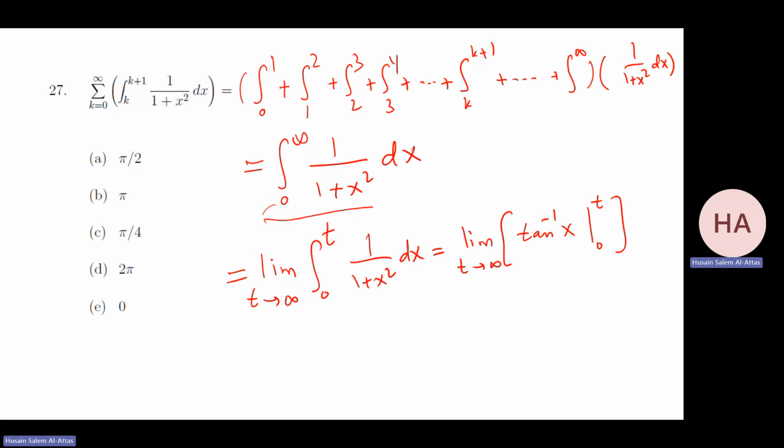That will be the limit as t goes to infinity of tan inverse of t minus tan inverse of 0, which is 0. What is the limit of this? Tan inverse of infinity. That will be pi over 2. And that will be my answer.